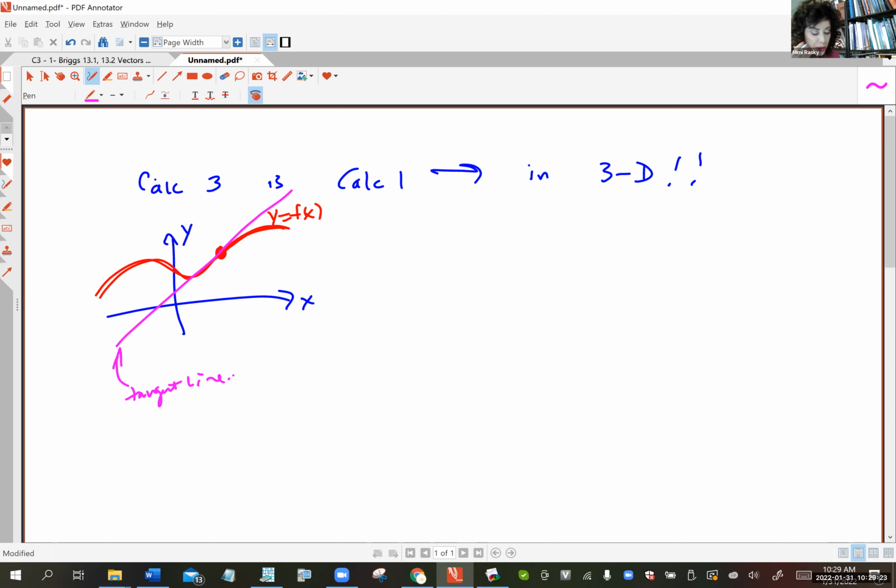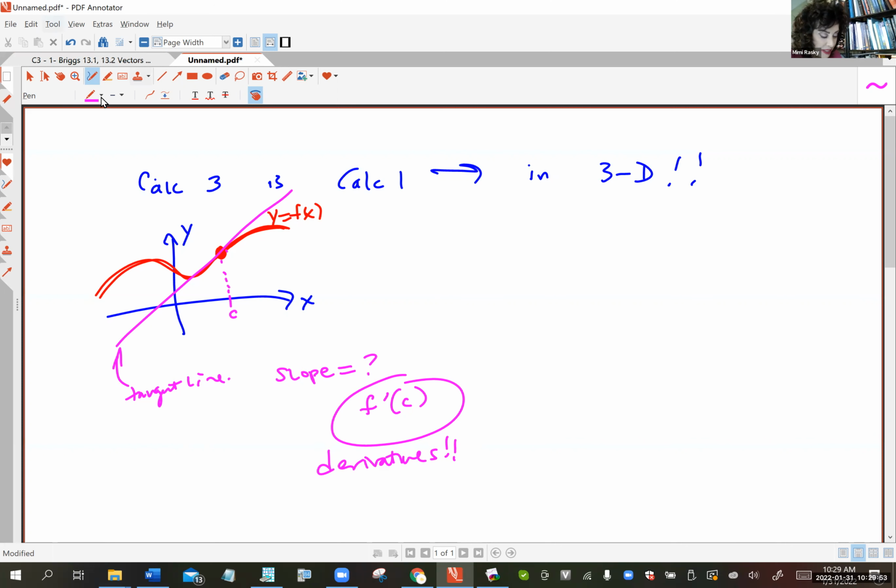Now, does anybody remember when you were in Calc 1 how you got the slope of the tangent line? Derivative. Good. You got the derivative and you evaluated it at the x coordinate of the point that you were trying to find the tangent line to, that went through that point, right? So that's important. So you have to know how to do derivatives.